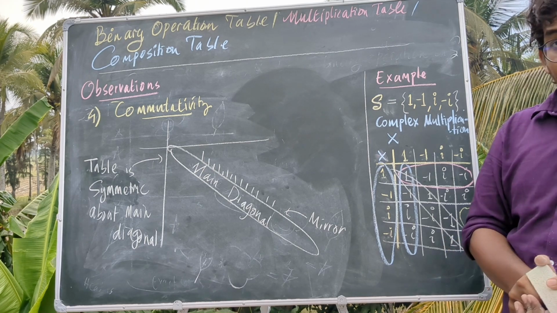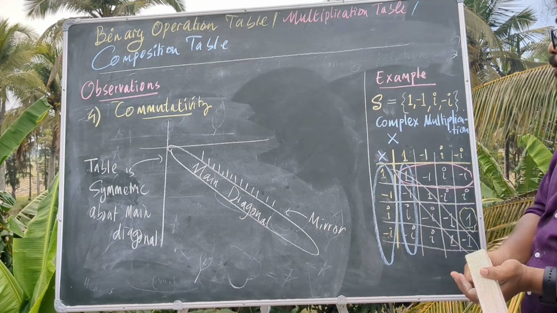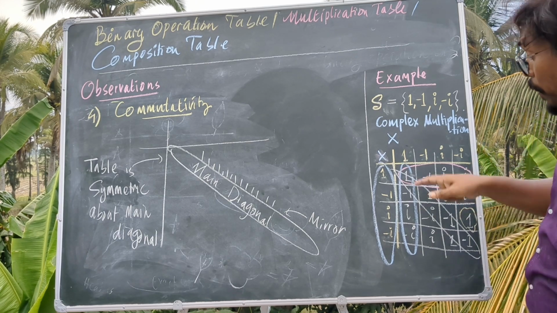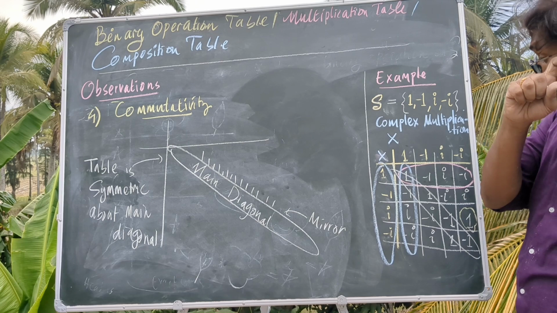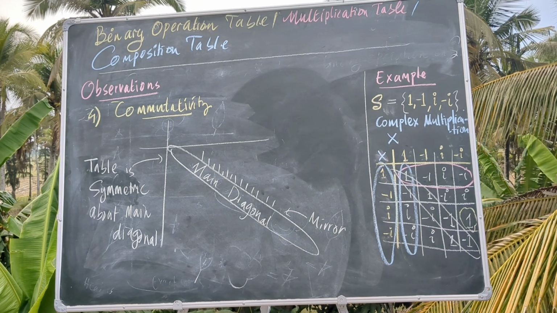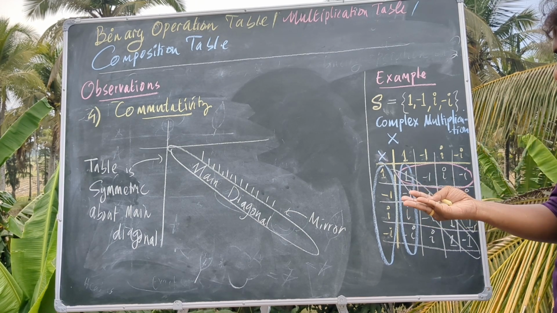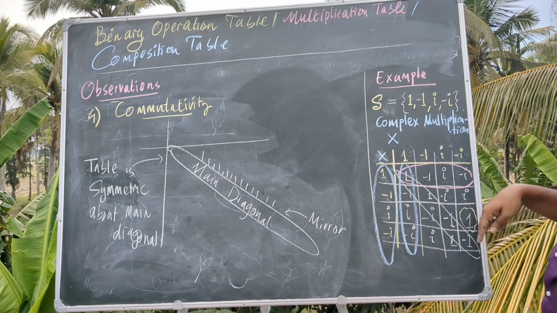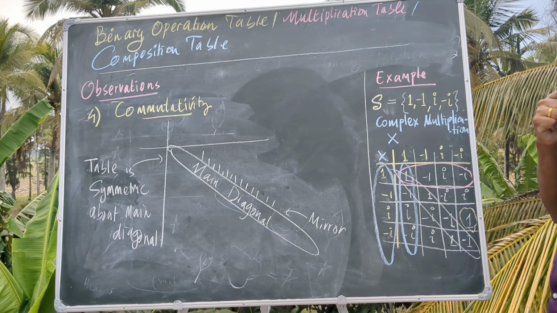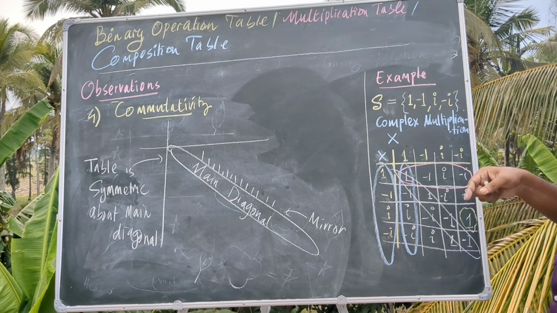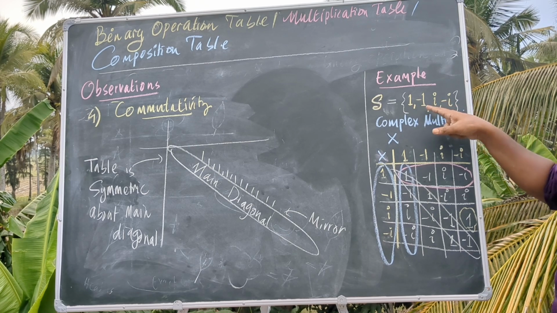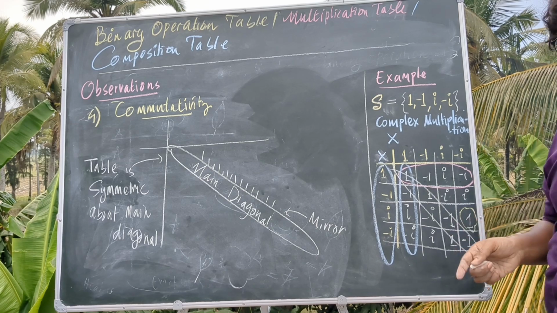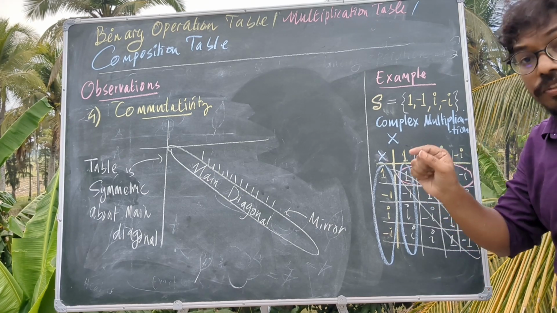To show a set under a binary operation is a group, I have one axiom, associativity. From this operation table, I can't show associativity. For the other things, closure, identity and inverses, I can see from the operation table. And this example, the set 1, minus 1, i, minus i under complex multiplication is a group, because associativity will hold here, since complex multiplication is associative.